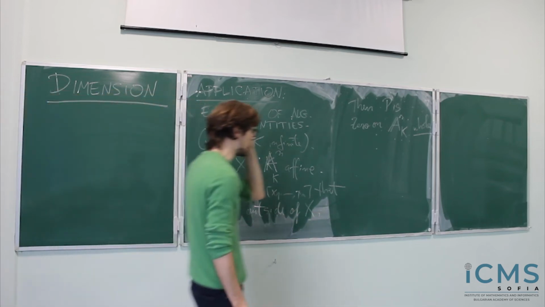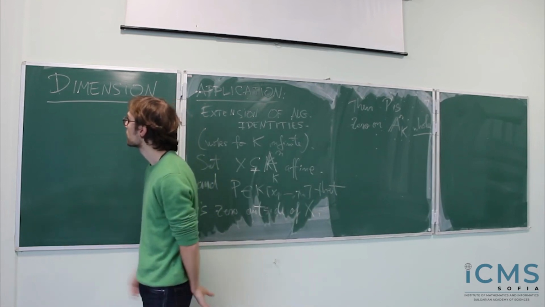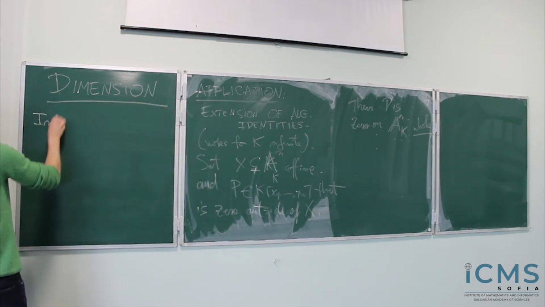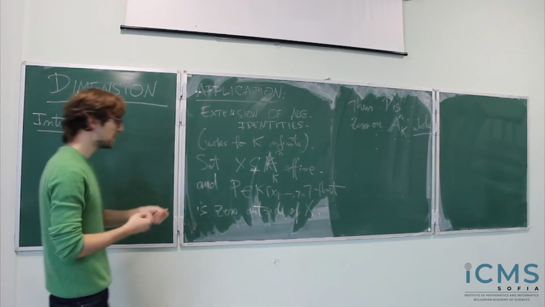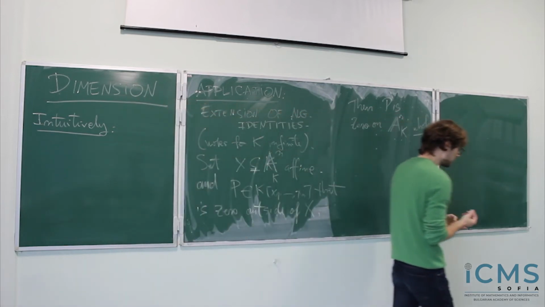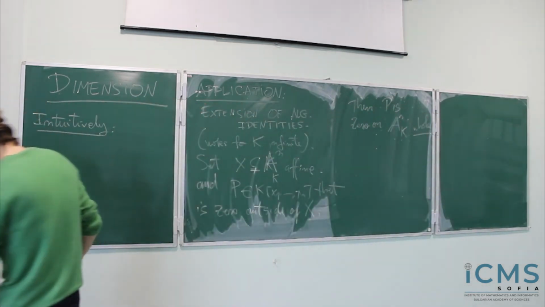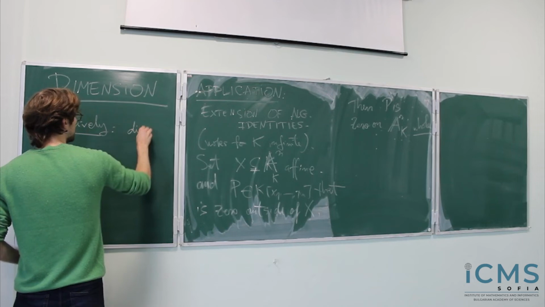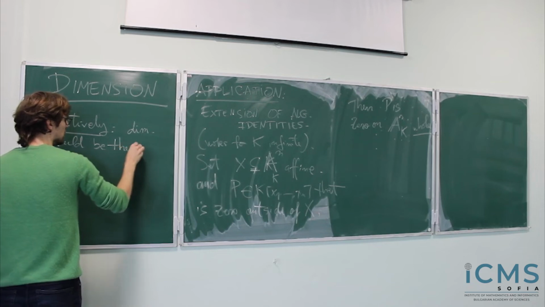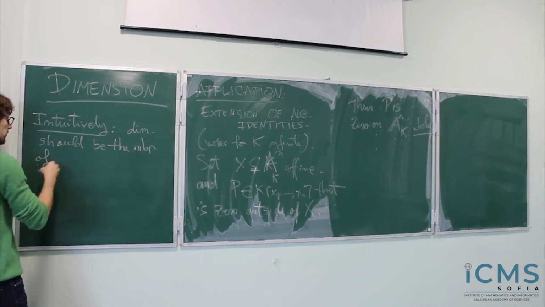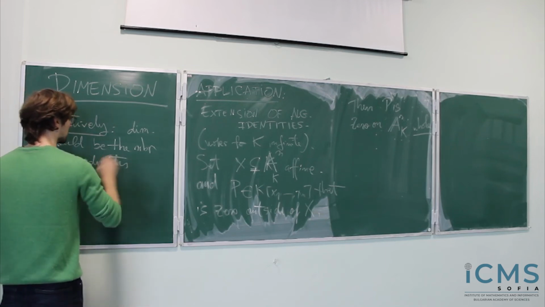let's talk about dimension, which is really one of the very first geometric concepts that will come in. So intuitively, we want to use the same kind of intuition that served to define manifolds, right? So intuitively the dimension should be the number of coordinates, okay?